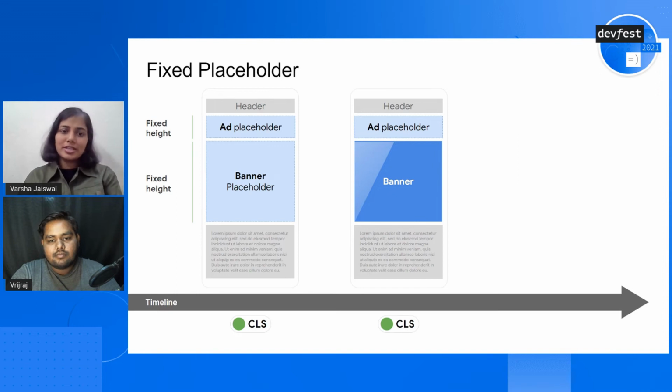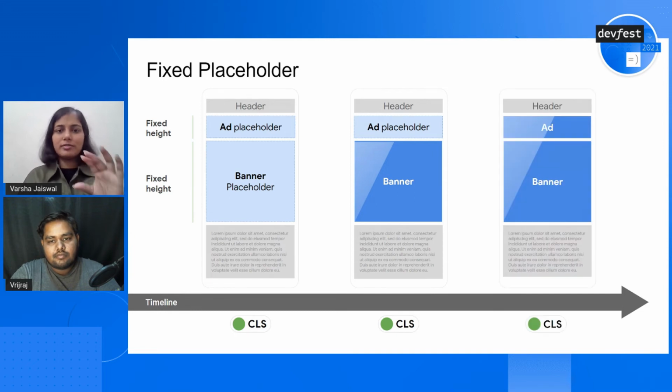So even if it is taking time, you can provide a loader over here, and when the image or the banner gets loaded, it will take that particular size which you have already allotted, so the shifting is not taking place. Afterwards, the ad is also there, where I have already fixed the height and width of the same, right? So the layout shift didn't occur.